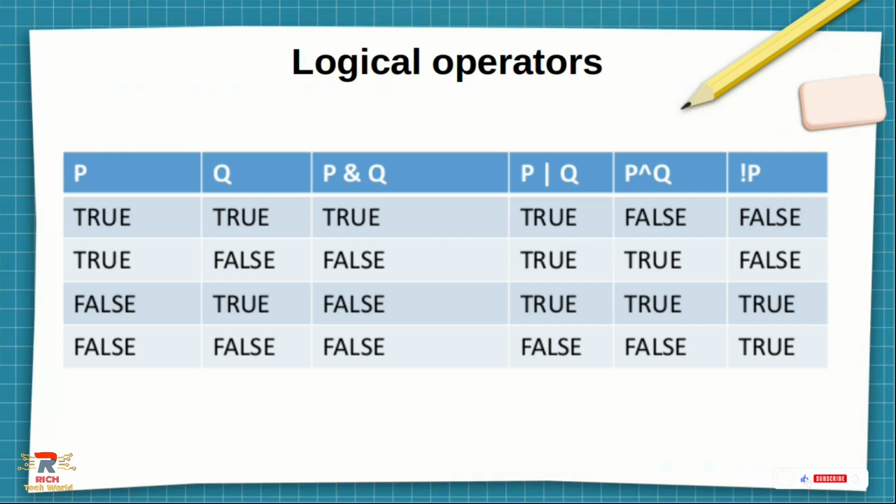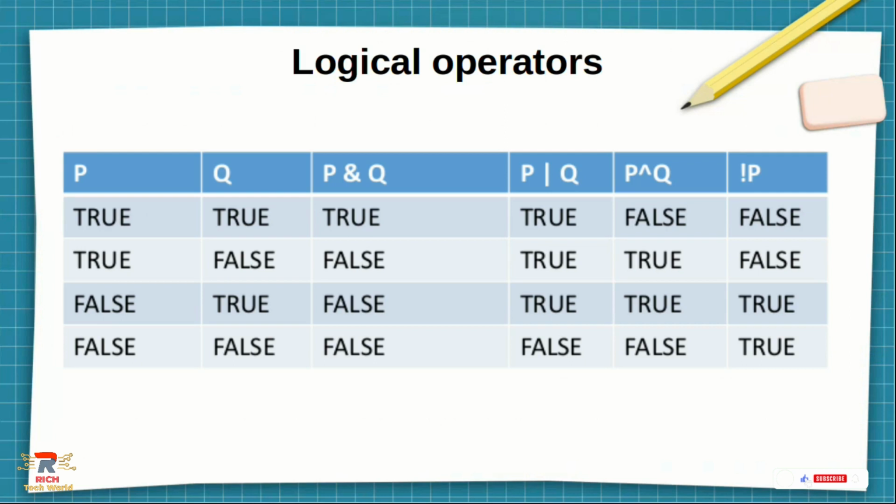So when P is true and Q is true, when you use the AND operator, the outcome becomes true. When you use the OR operator, the outcome becomes true as well. When you use the exclusive OR, the outcome becomes false. And when you use the NOT, the outcome becomes false.